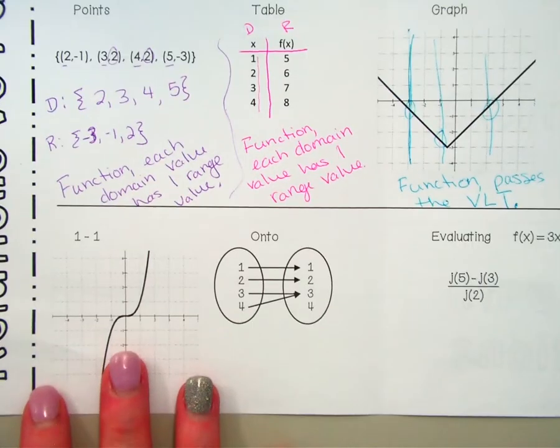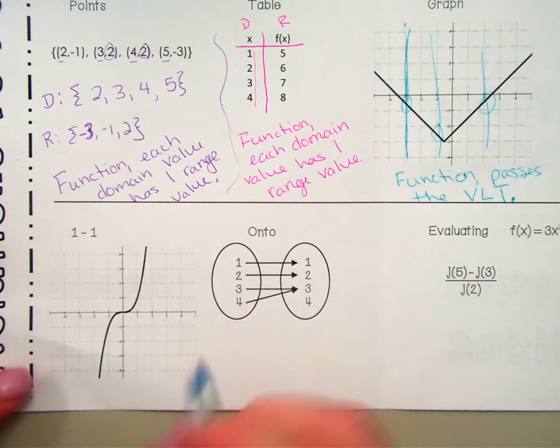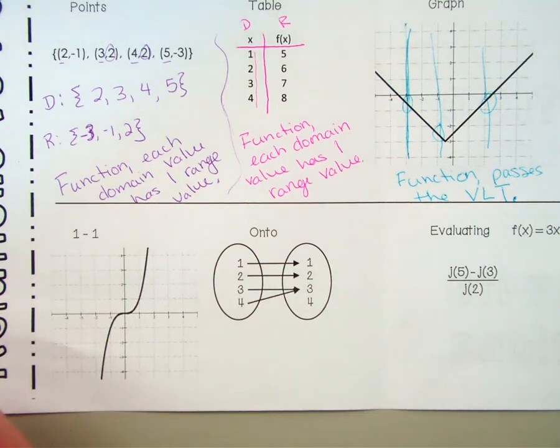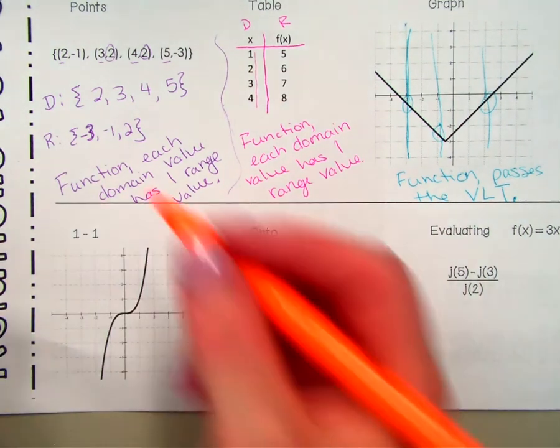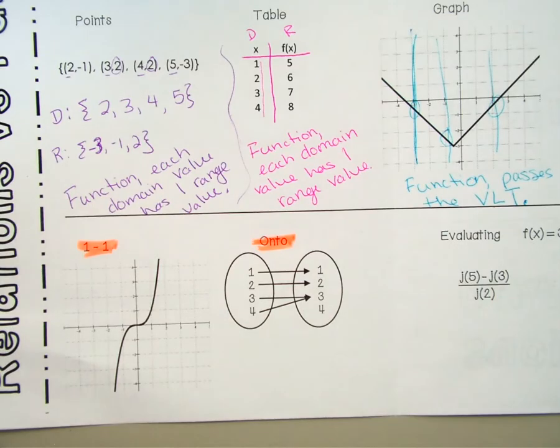So moving on to more specific functions. We have what's known as the one-to-one function, and we have what's called onto. Now functions can be one-to-one, or they can be onto, or they can be both, or they can be neither. Okay?